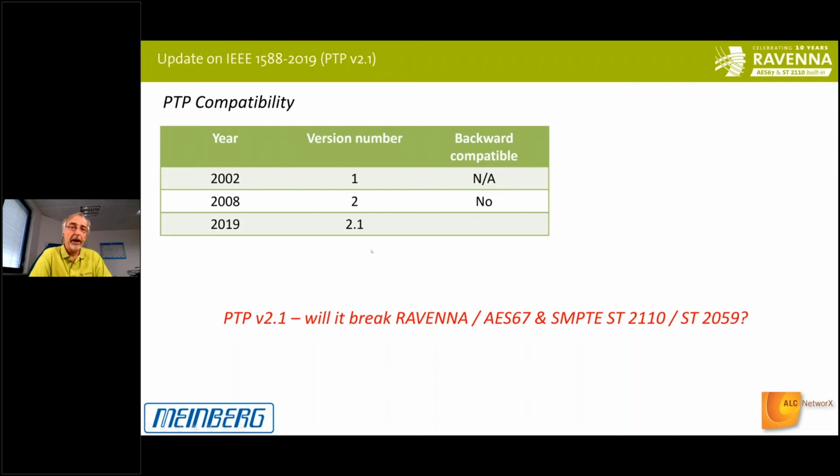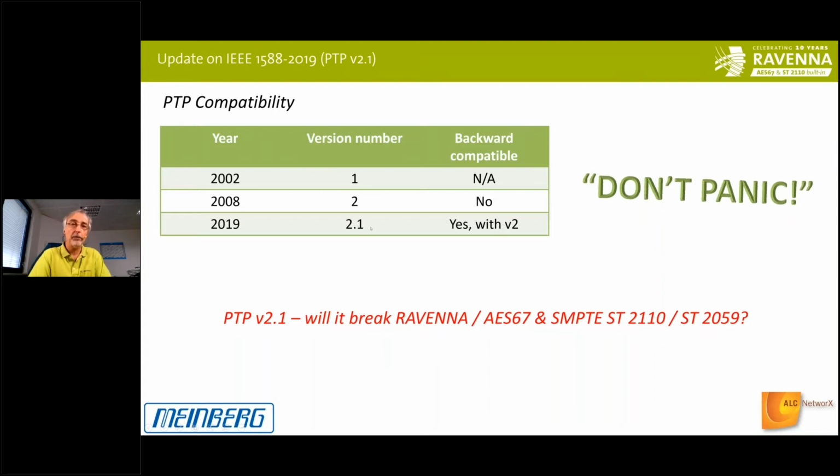Now, what about the 2019 revision? Will that break RAVENNA, AES67, 2110 operation? Well, to give the answer up front, to stay with Douglas, don't panic. We have seen that IEEE took the wise route of preserving full backward compatibility with version 2.